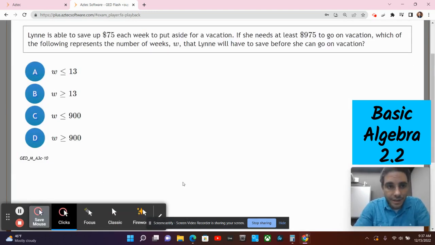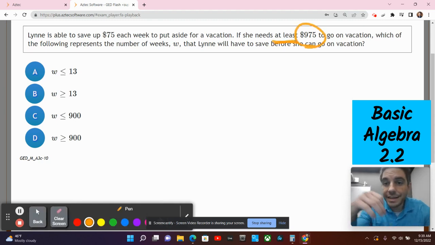Lynn is able to save up $75 each week to put aside for a vacation. If she needs at least $975 to go on vacation, which of the following represents the number of weeks, w, that Lynn will have to save before she can go on vacation?